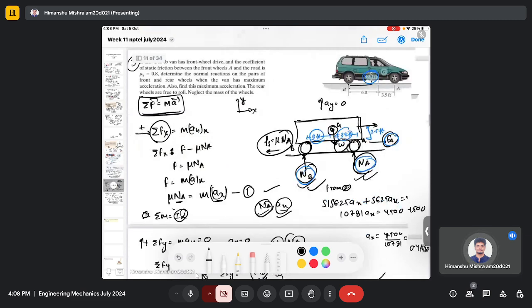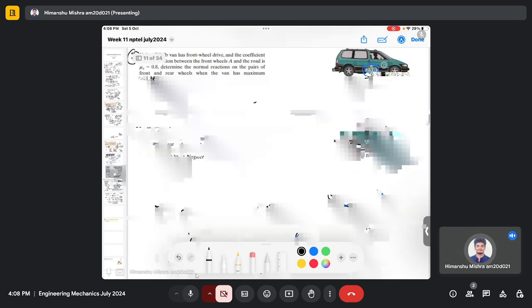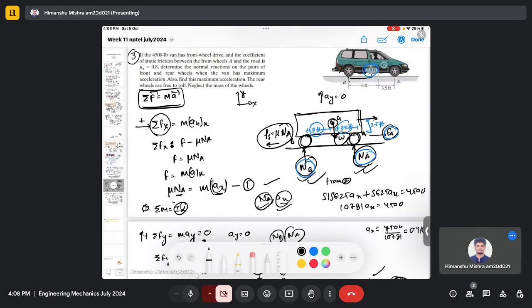So just to recap here, we have solved a very similar problem in the previous weeks when we were solving the equilibrium equations and non-equilibrium equations. Here the only difference is the summation of force is equal to mass times acceleration, and the problem is pretty simple.